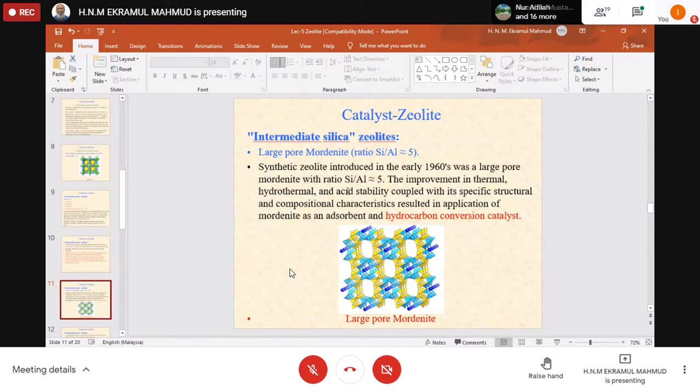Okay, so large pore mordenite, the ratio of silica alumina is almost 5. You see that. So based on this ratio, properties are coming. So synthetic zeolite introduced in the early 1960s was a large pore mordenite.